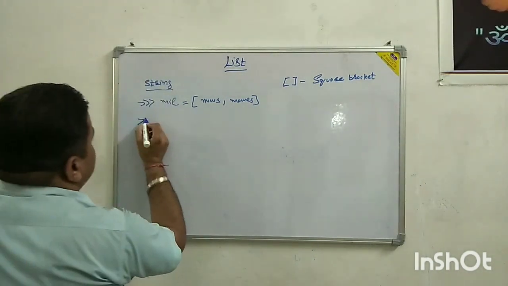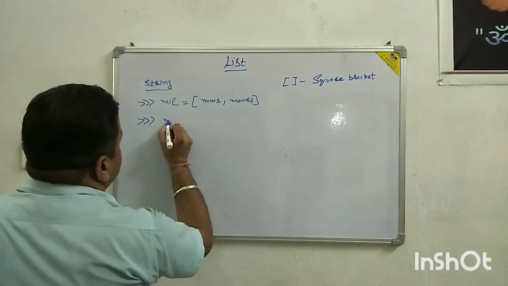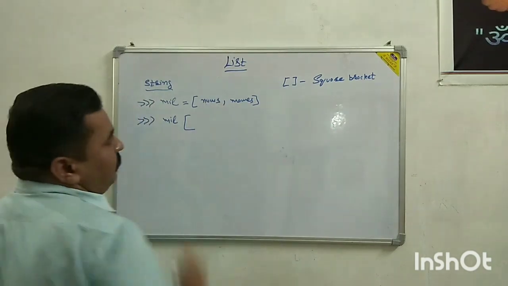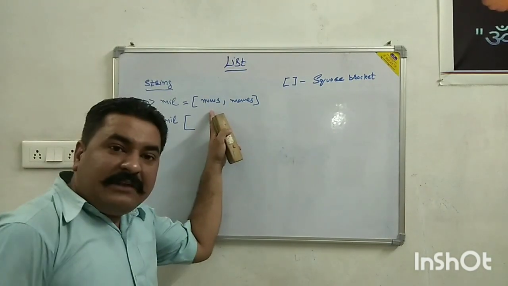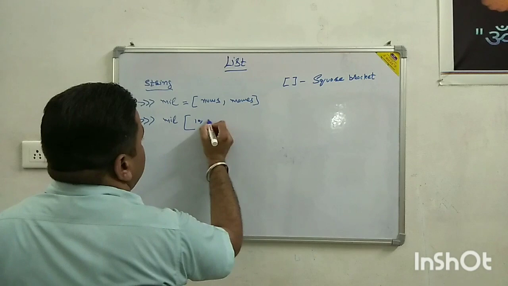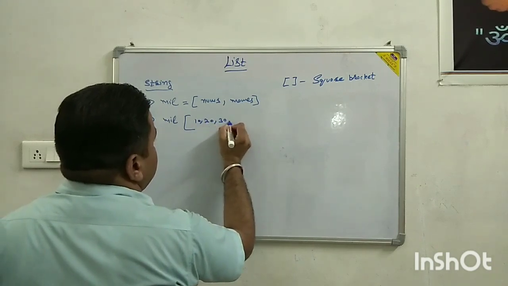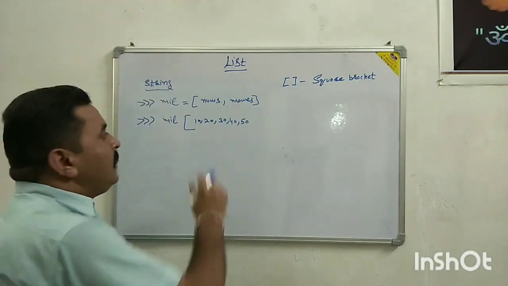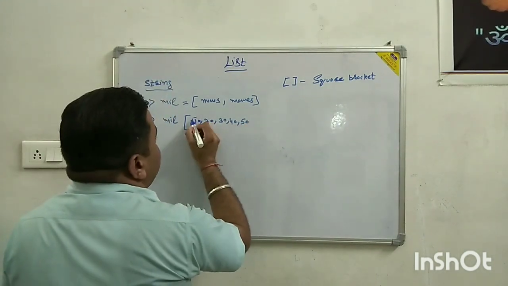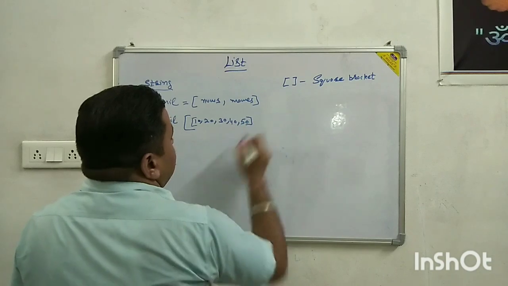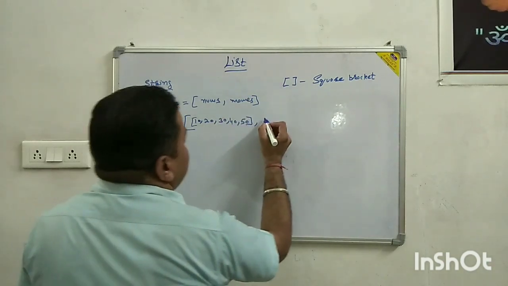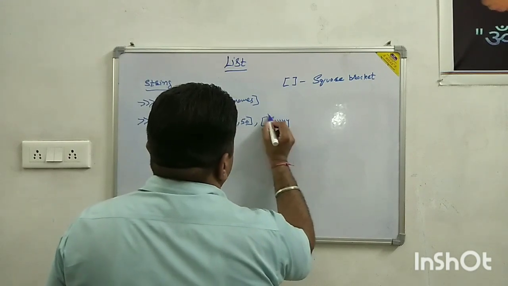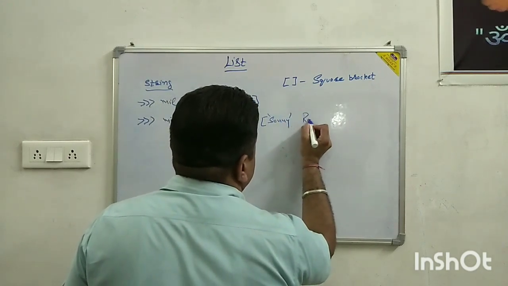It will display the result of mil: the number of elements which we have written before, 10, 20, 30, 40 and 50, also in a bracket. After that it will show us the names. What are the names? Names are Sunny and Ram.